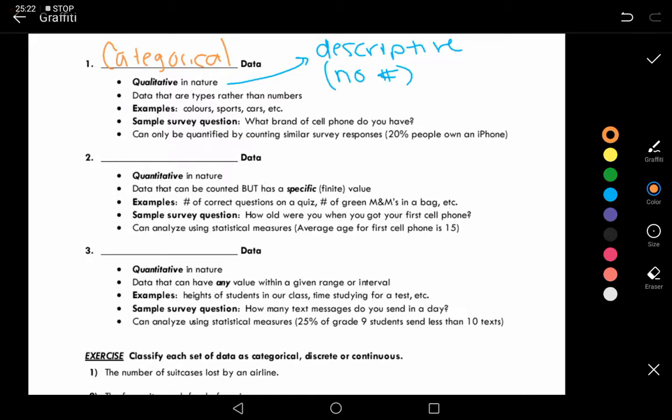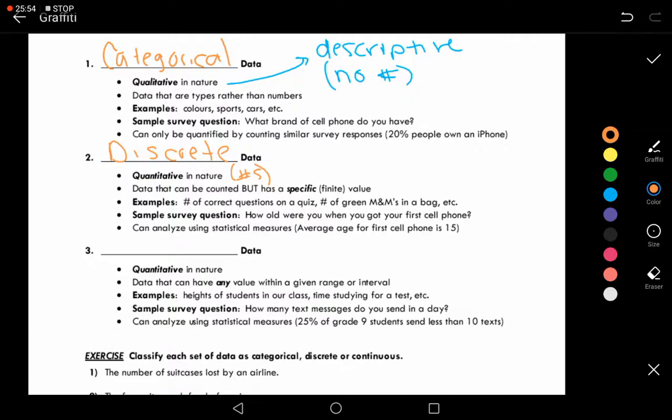The second type is called discrete data. Discrete data is quantitative in nature, so that's numbers. Data that can be counted but has a specific value. For example, number of correct questions on a quiz, number of green M&Ms in a bag, etc. An example of a survey question could be, how old were you when you got your first cell phone?